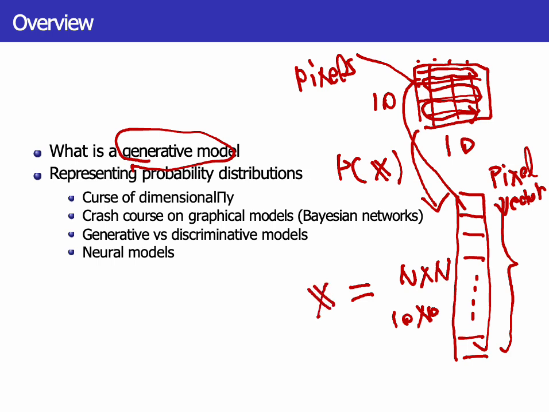So this vector x is n by m pixel values. Here, in this case, it is 100 values for grayscale.